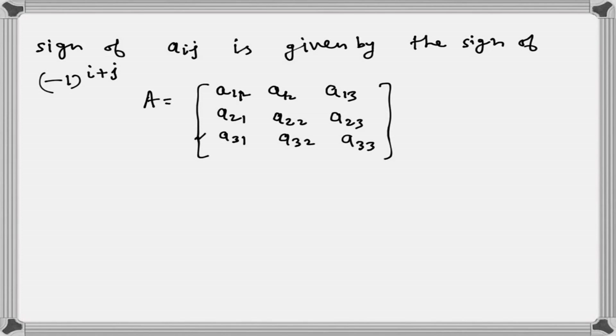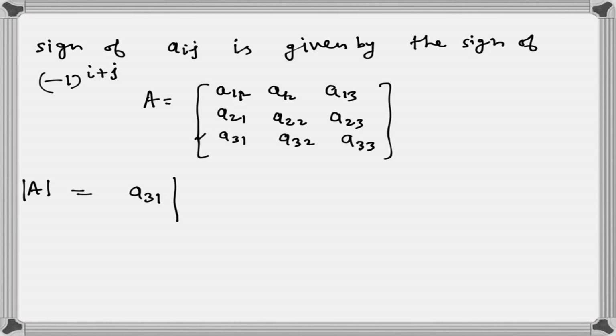Suppose instead of the first row I take the third row. Then I can write the determinant of A as the first element of the third row, a31, and the sign will be positive because (-1) to the power 3 plus 1, which is 4, is 1, so plus sign.